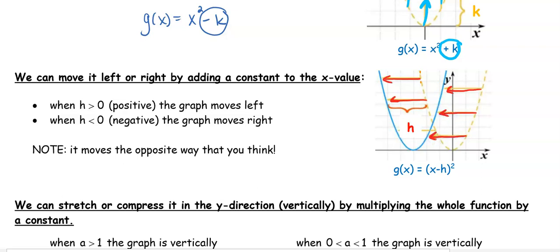Now when you move a graph to the left, that shift is actually happening inside of the parentheses that are being squared. The weird thing is, this is our general form of what happens. It's x minus h quantity squared. So in this example right here, we moved to the left.